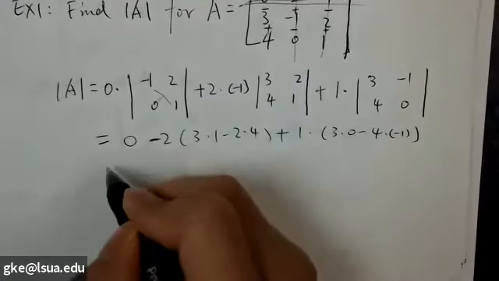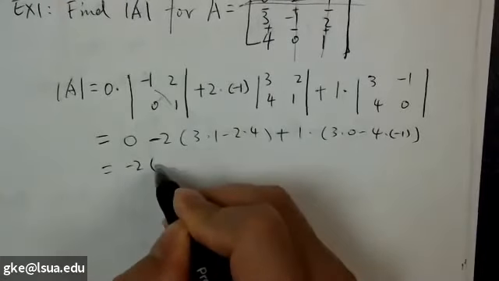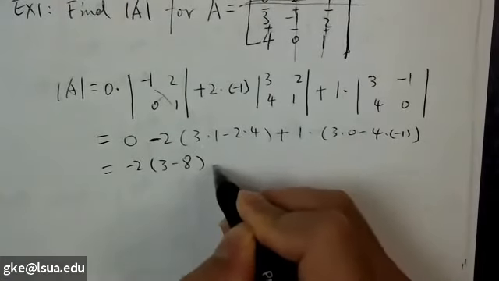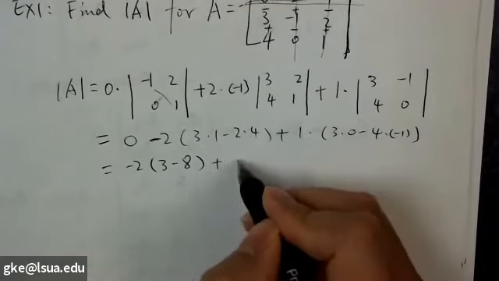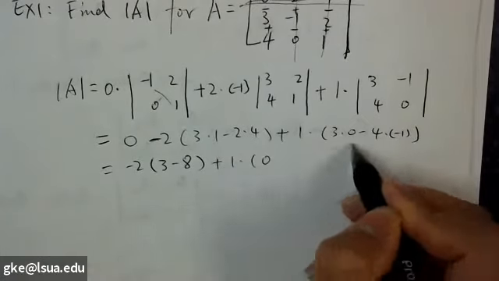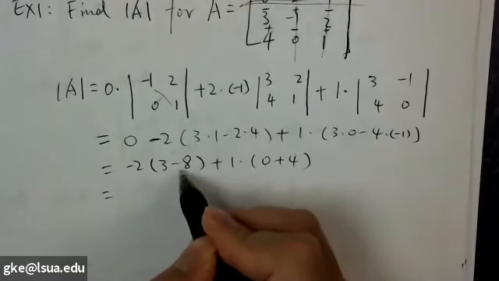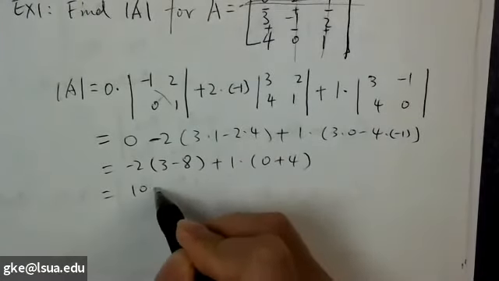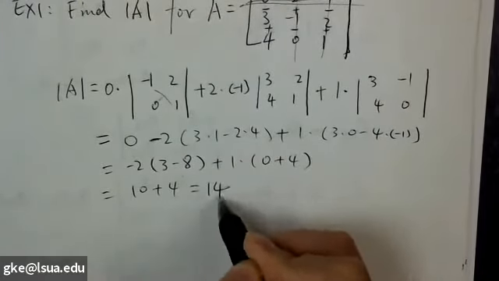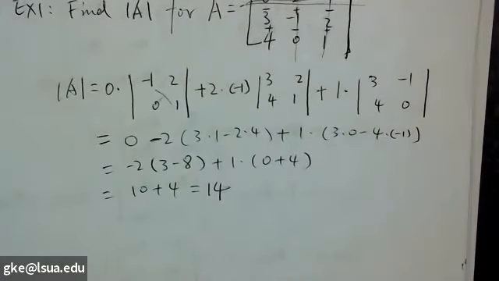Then 3 times 8, plus 0, 1 times 0 plus 4. And then -5, 10, 4 is 14.